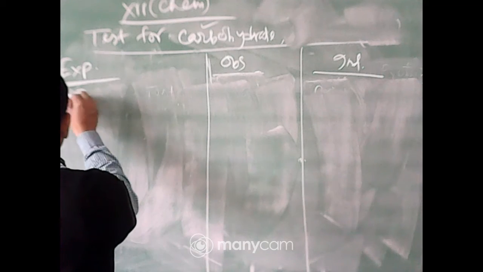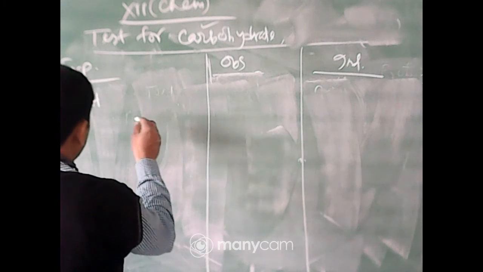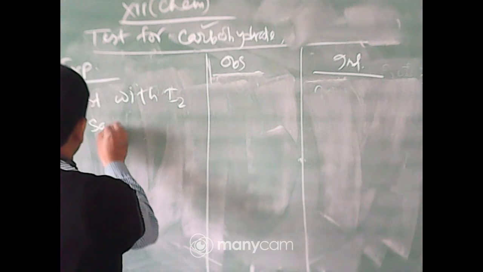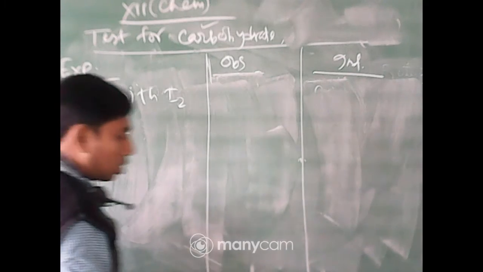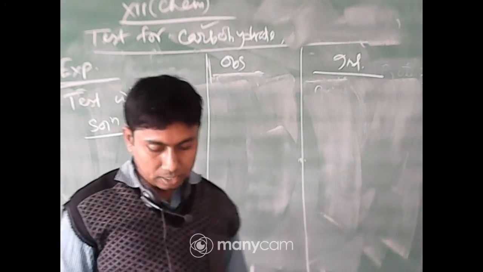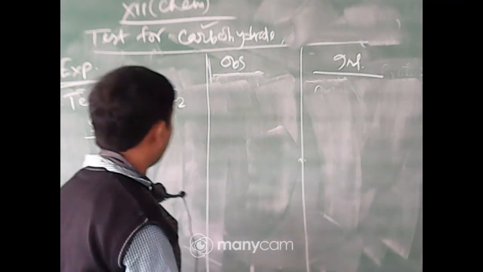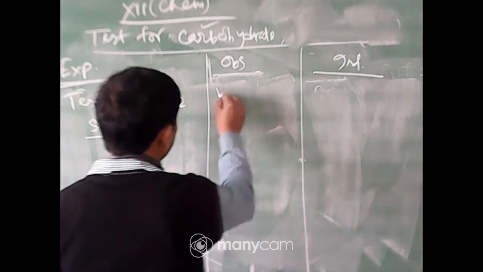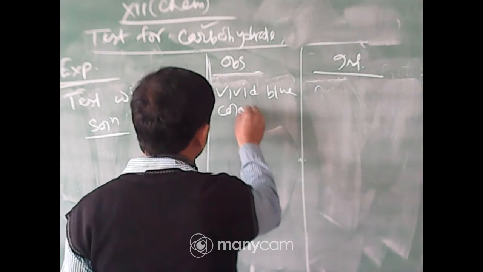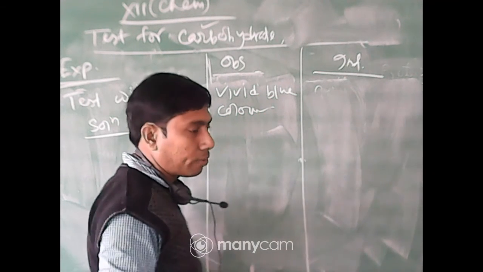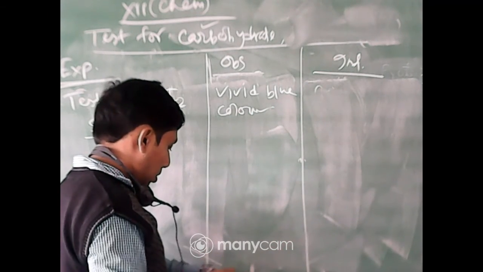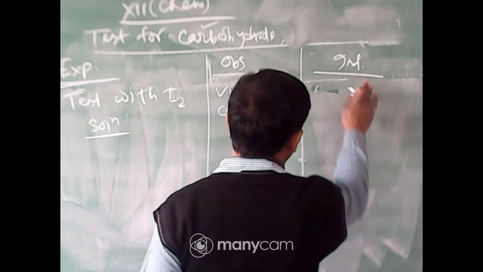iodine solution test for carbohydrate, test with I2 solution. Now when we prepare I2 solution, it is not soluble in water, so for this a very little amount of KI is added. Okay, so the observation is a vivid blue coloration. This is all due to the formation of a complex compound. At the end of the class, I will show the reactions involved here.